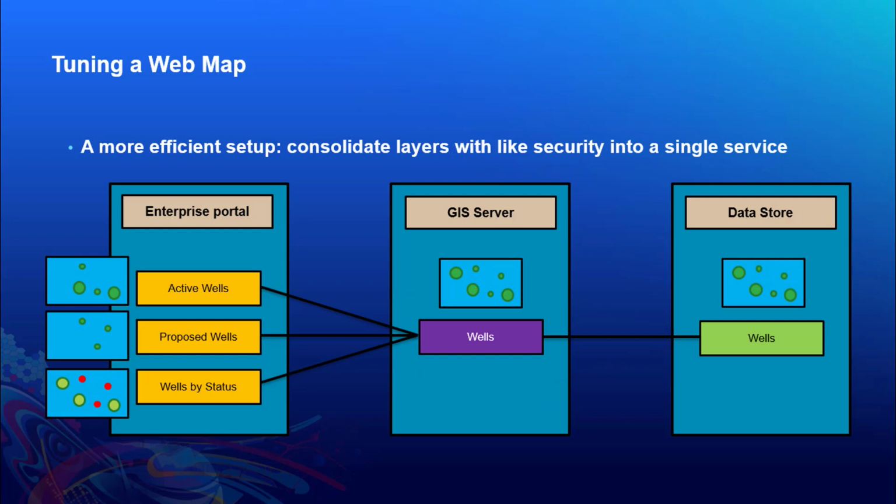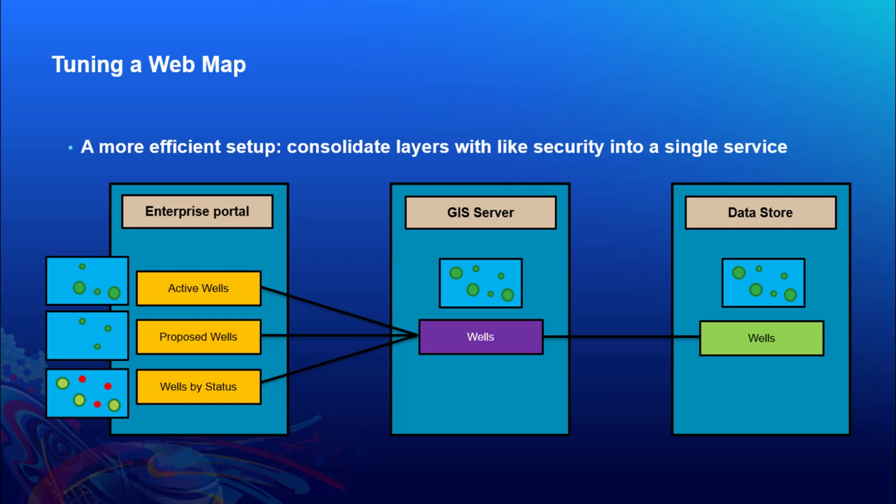So this more efficient setup would be to consolidate layers. So we take our data source, we publish it as one service, and then we can use things like views, or layer views, to take advantage of this. And so we can have different views on our service, different takes on our service for our web map. But underneath the hood, they're all just using one service, which is great.